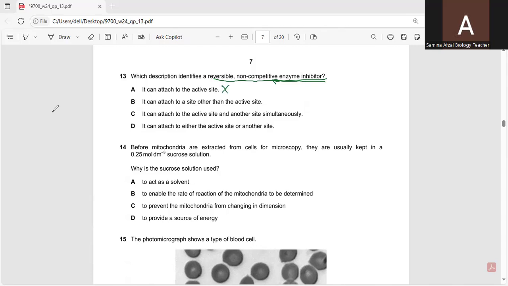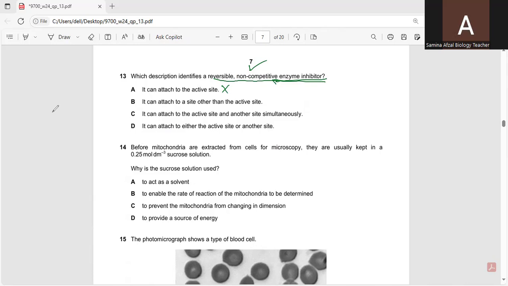So according to this, we have to discuss non-competitive. A is not the correct option because this is the property of competitive enzyme inhibitors, which try to attach themselves on the active site to inhibit the enzyme reaction.